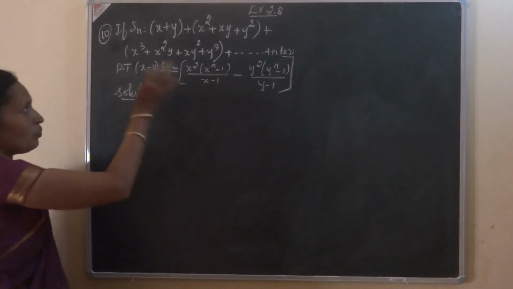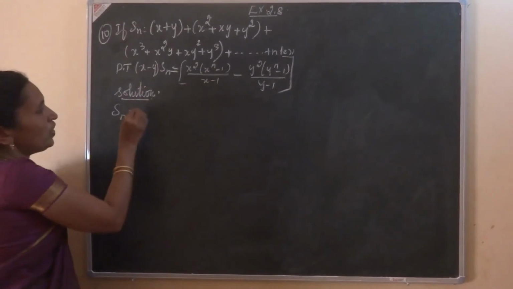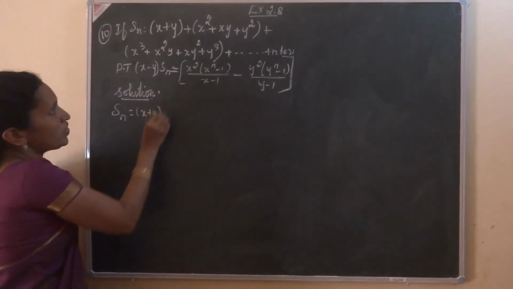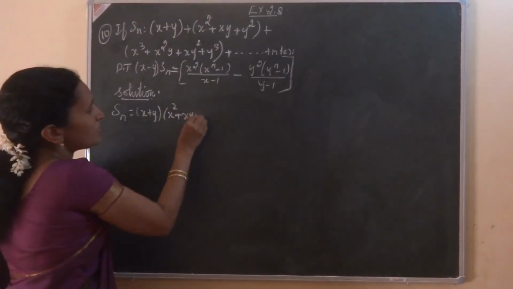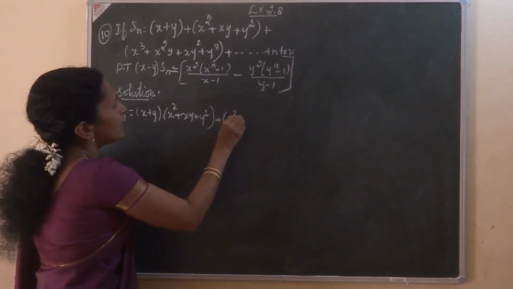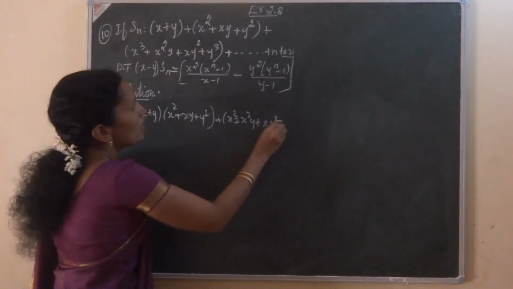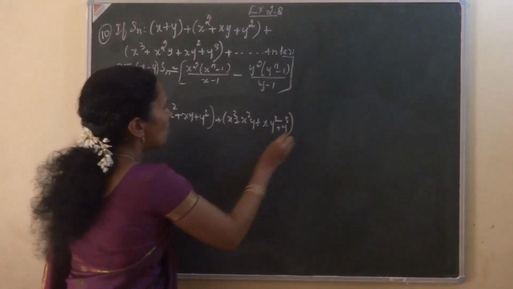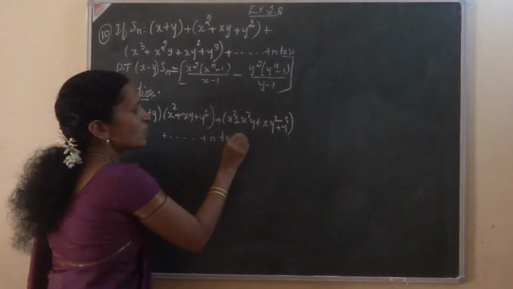You have to first, what is Sn? You write that one. Sn equal to x plus y plus x square plus xy plus y square plus x cube plus x square y plus xy square plus y cube plus etc. plus n terms. This is the question.